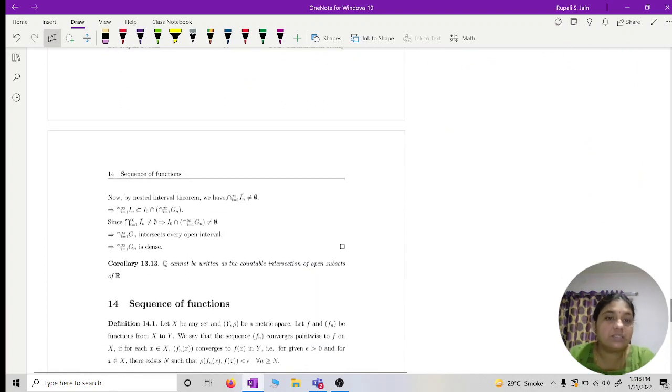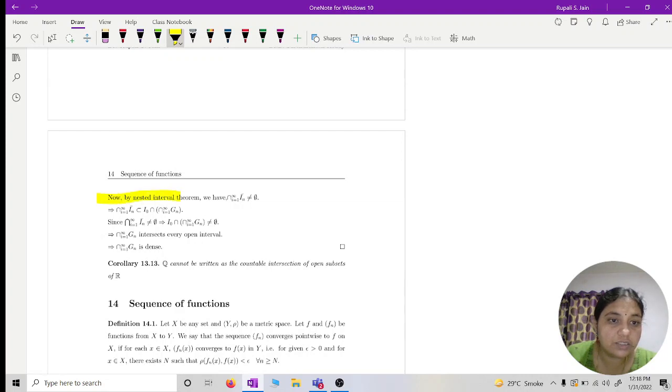Now, by the nested interval theorem, what can we say? The intersection is non-empty, right? So this infinite intersection of In closure is non-empty, and it is contained in I0 intersection, here n is equal to 1 to infinity, intersection Gn.